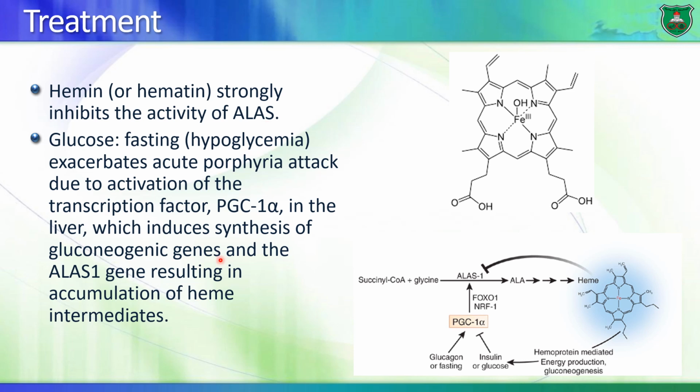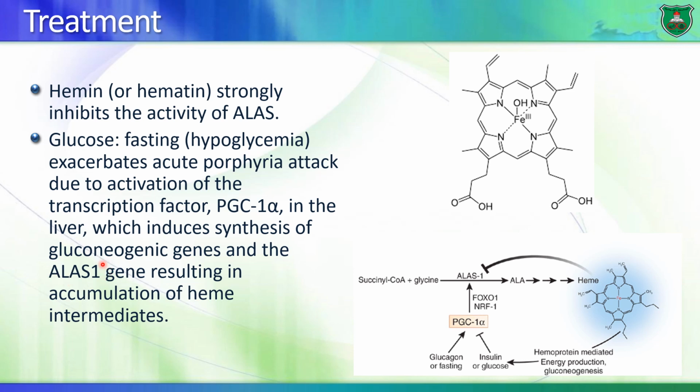Now, another way of treating porphyrias is by giving patients glucose or preventing them from fasting. The reason is that under conditions of fasting, glucagon would be released, and it induces the production of a transcription factor known as PGC1 alpha. Now, this transcription factor is important in inducing the synthesis of gluconeogenic genes and enzymes, and ALA synthase 1 as well.